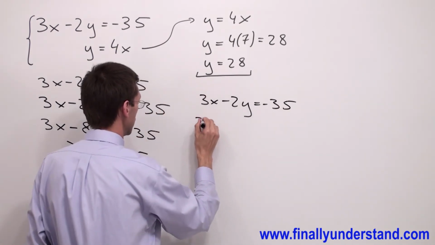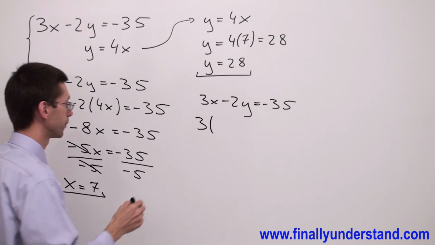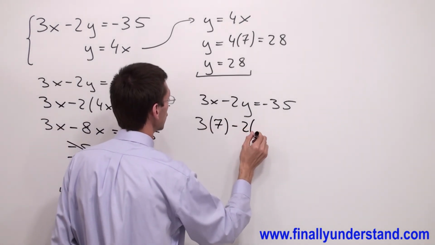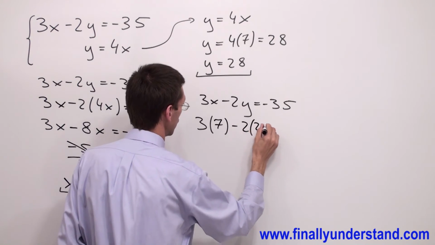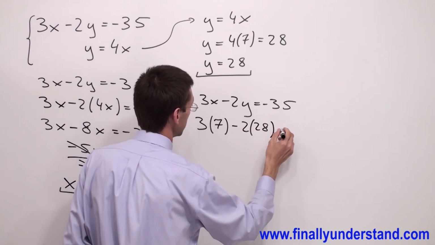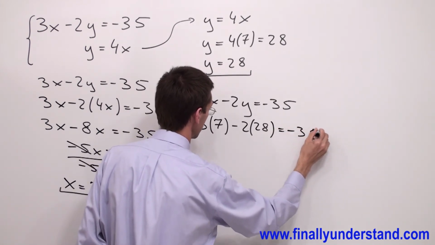So I have 3, and instead of x I'm supposed to write 7, minus 2 times y, which is equal to 28, and this has to be equal to negative 35.